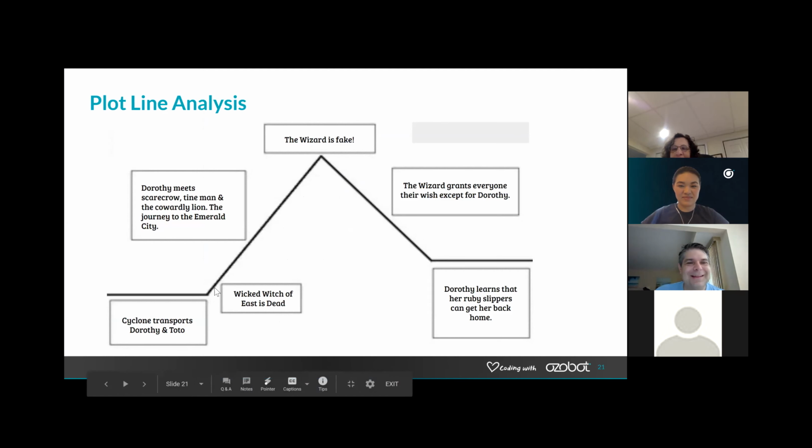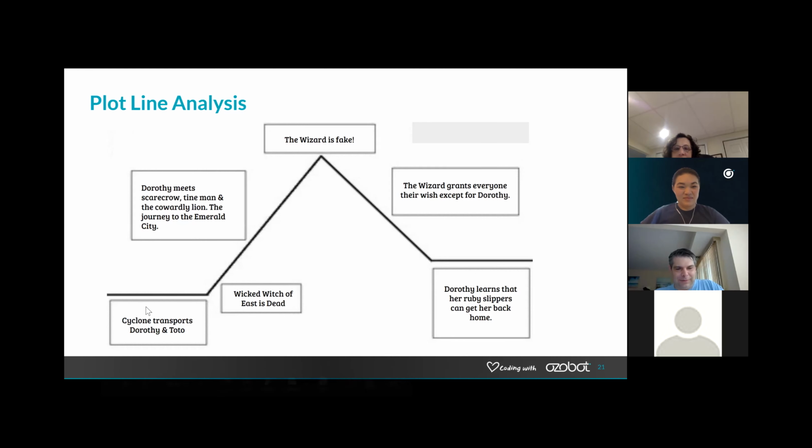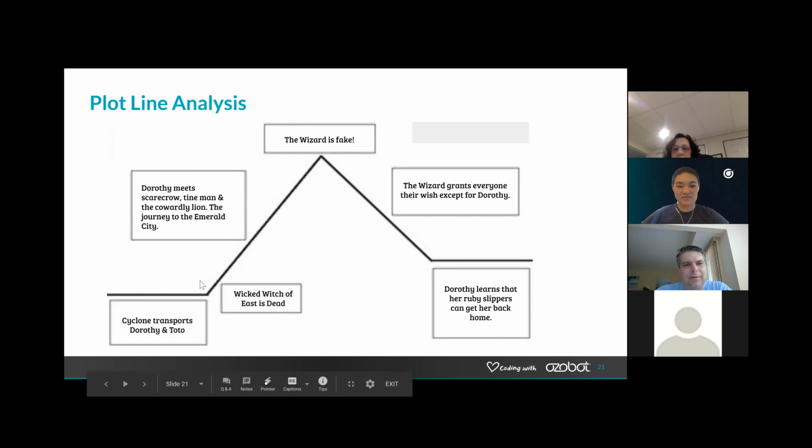So before they get into it, this would just be the typical plot line that we're all used to, especially in middle school and elementary. You identify the exposition, the rising action, the climax, falling action, and the resolution. And once they have plotted all of these out, they have the plot line.